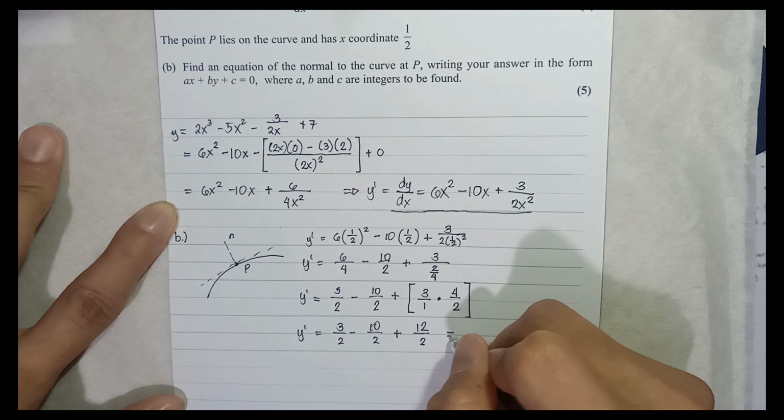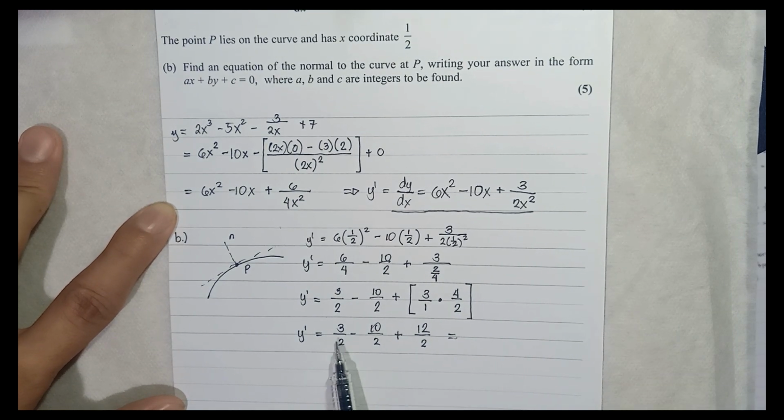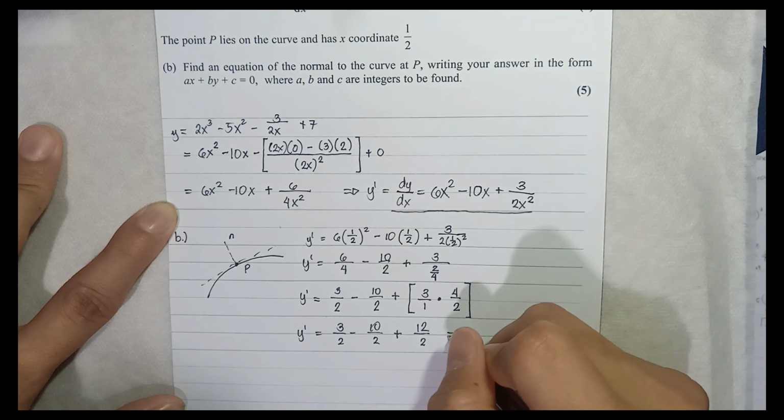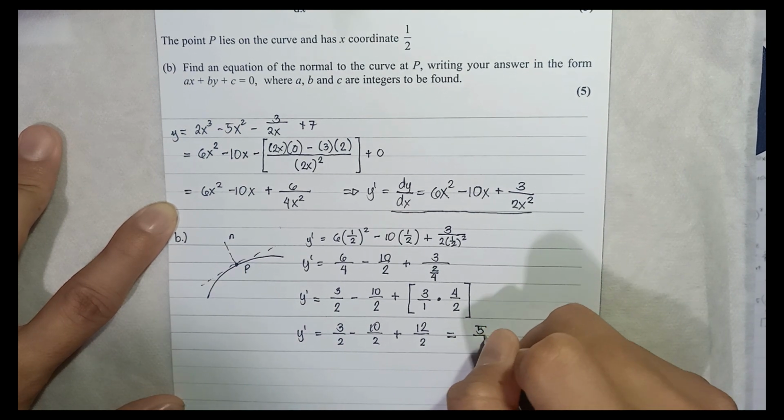So we can simplify that: 3 minus 10 gives us negative 7, plus 12 gives us positive 5 over 2.